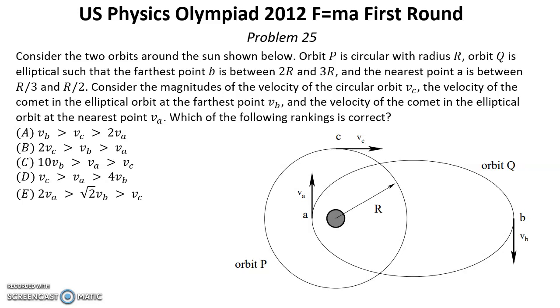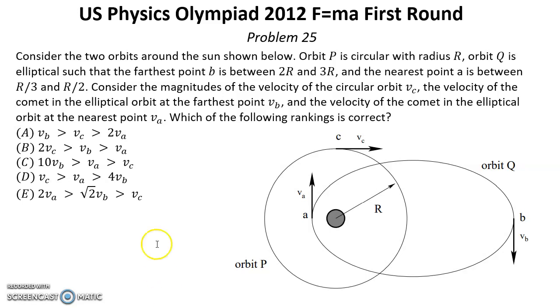Consider the magnitudes of the velocities: VC for the circular orbit, VB for the comet in the elliptical orbit at the furthest point, and VA for the comet at the nearest point. Which of the following rankings is correct?